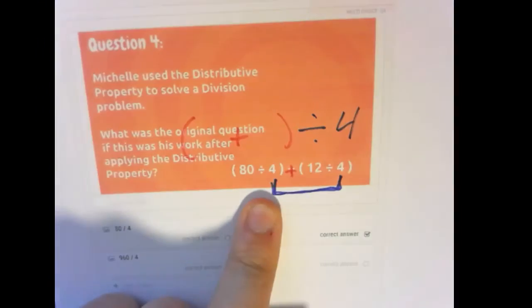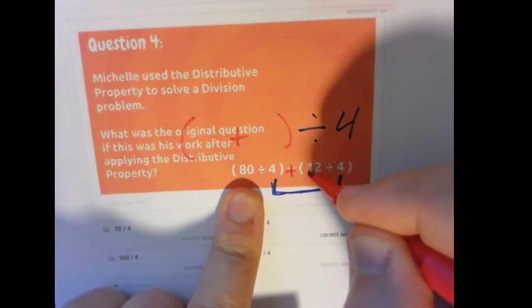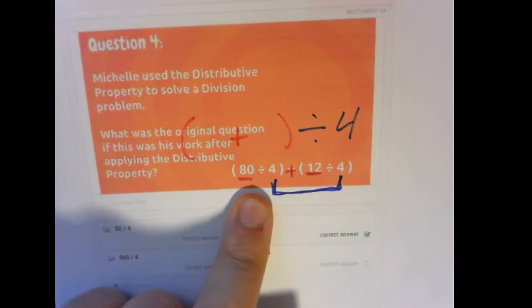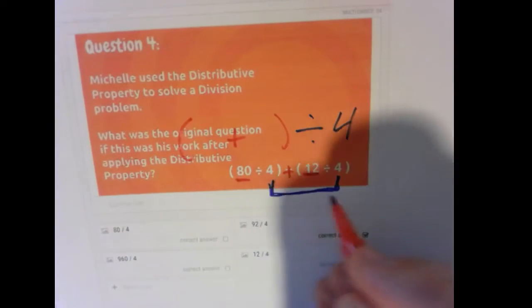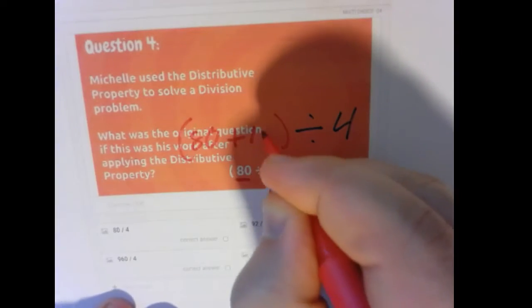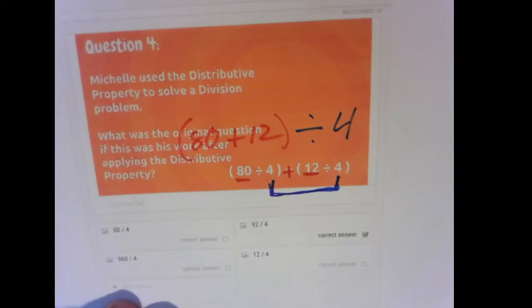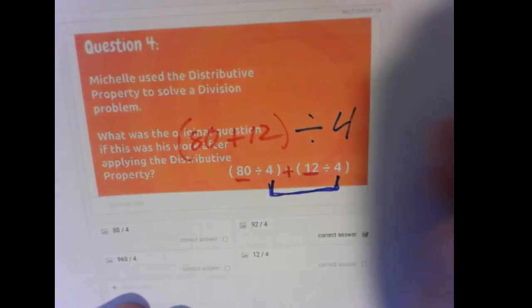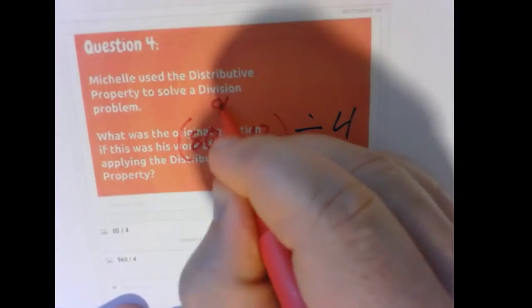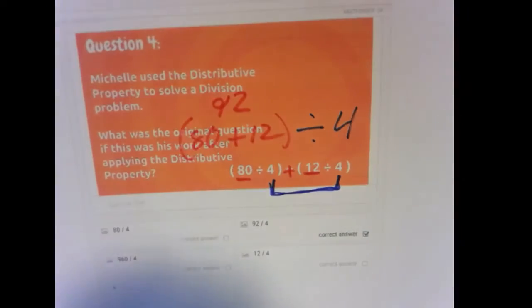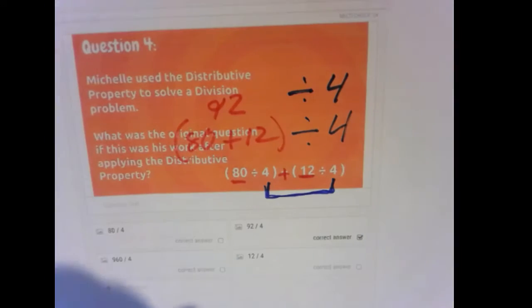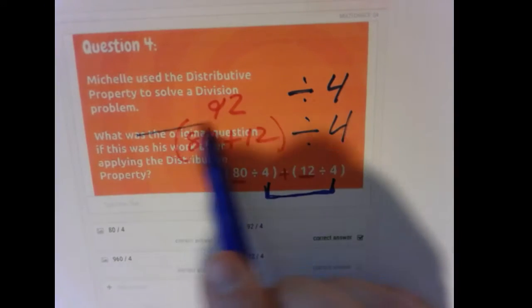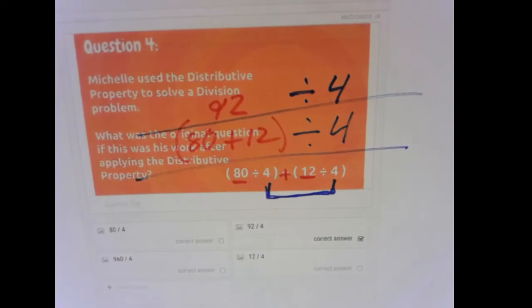They're going to be adding two numbers together, and those numbers are the 80 and the 12. Working back up to the original question, 80 and 12 makes 92 divided by 4. Okay, you see those steps.